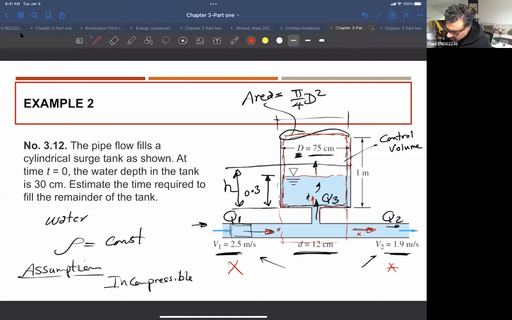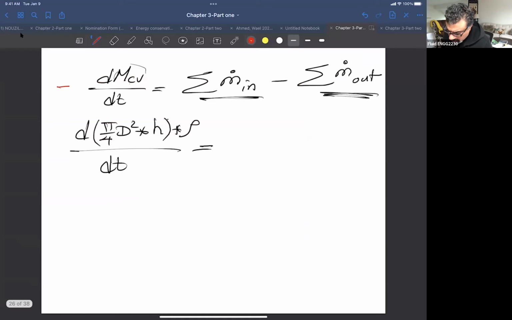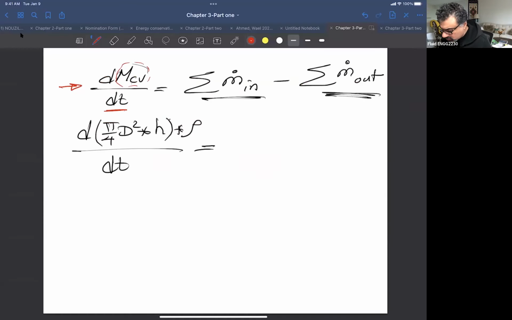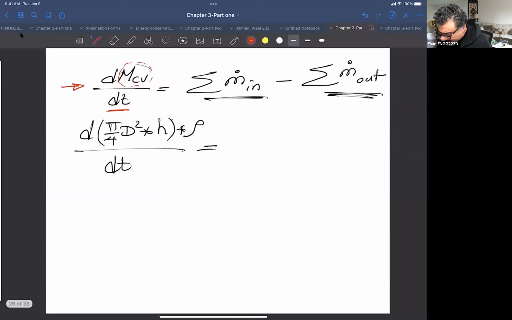If you remember, we started the analysis using our general conservation equation for mass: the rate of change of the mass of our control volume with respect to time is equal to the summation of the mass coming in minus the summation of mass going out. And I mentioned last time also that you might have multiple streams of fluid coming in and multiple streams going out.